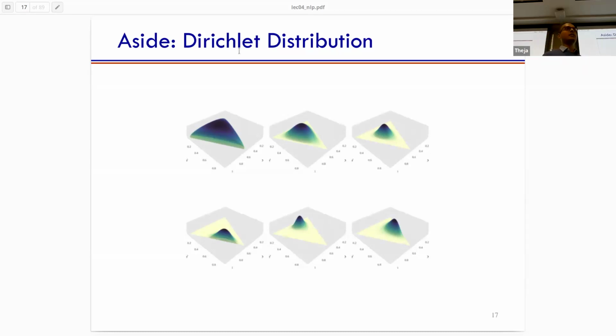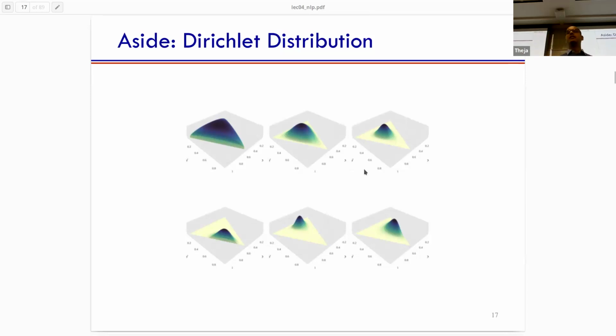So what is the distribution over? The Dirichlet distribution is a distribution over vectors. These vectors are such that each coordinate of the vector is non-negative. Let's say the distribution is over 3-dimensional vectors, because these pictures are in 3 dimensions.